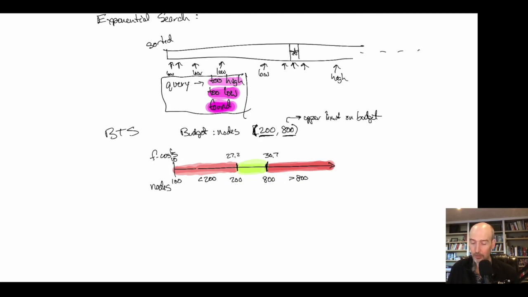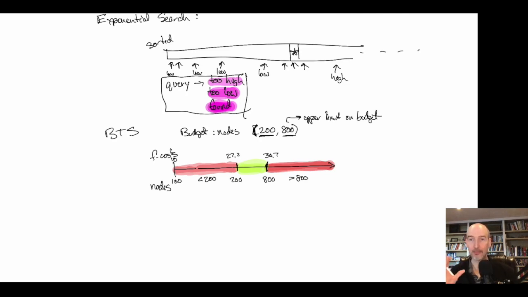So what I'm going to view here is that the F costs are sort of like the indexes of the array, and what's inside there is the number of nodes that would be expanded with that given F cost. And so we're going to do an exponential search over F costs, and we're going to find out how many nodes there were for any given F cost. And then that's going to help me find the F cost that I need.